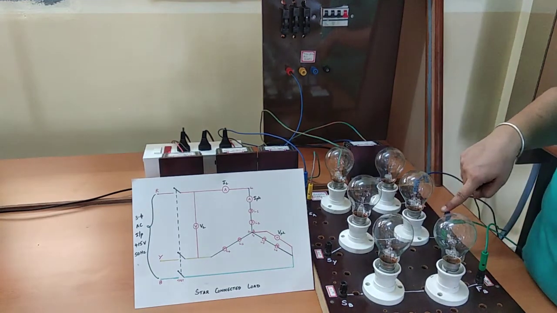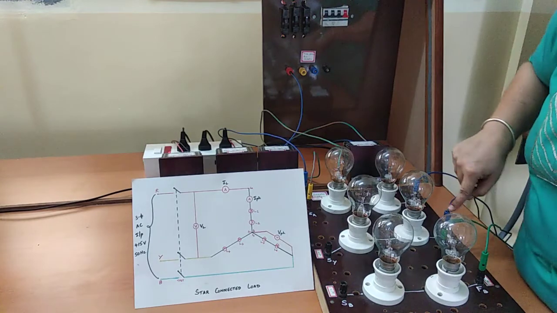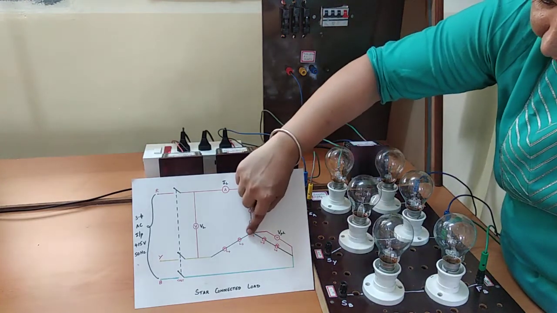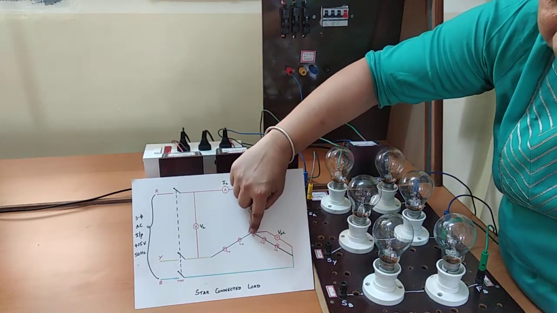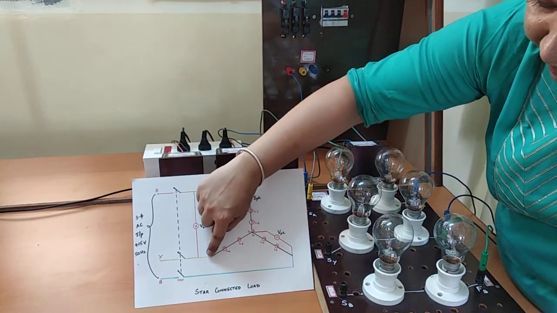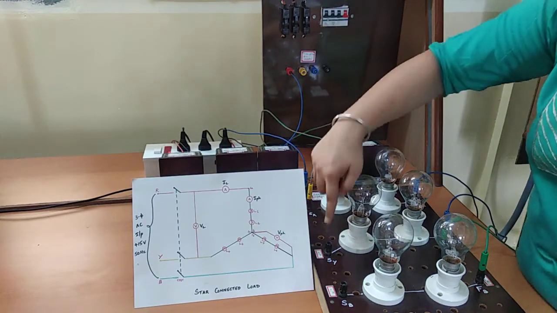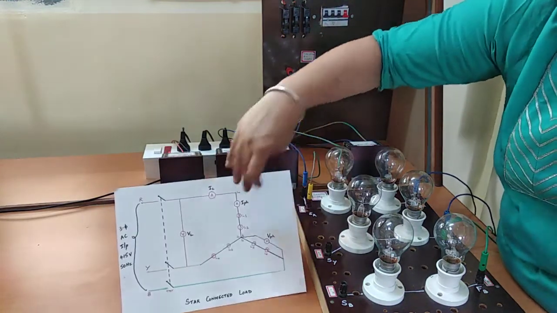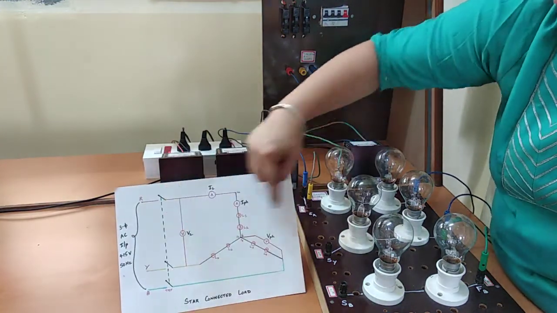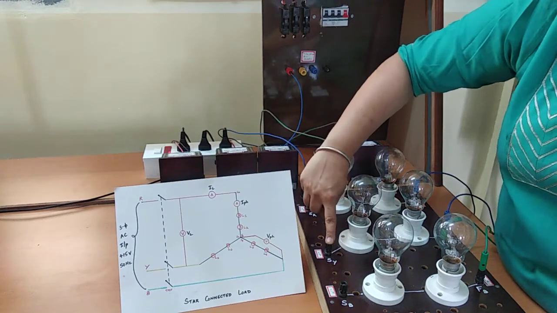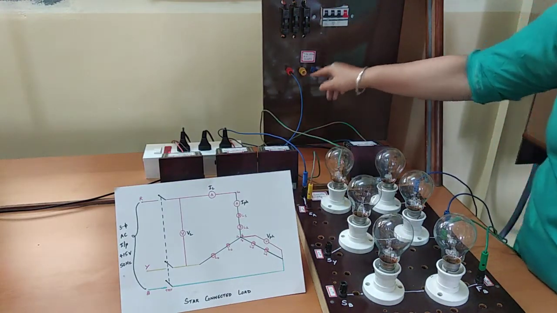Next, we finished the connection here, that is the point neutral is formed, then L3, L4, and then we have from SY to Y. So this is the SY terminal. From SY we connect it to Y terminal again.